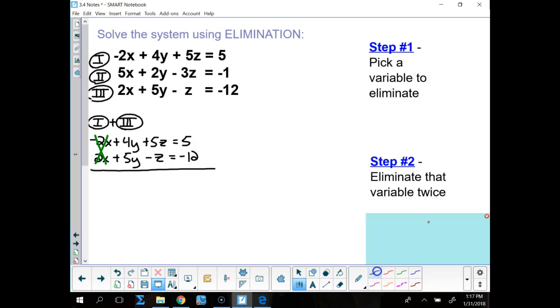So that gives me 9y plus 4z equals negative 7. Good?